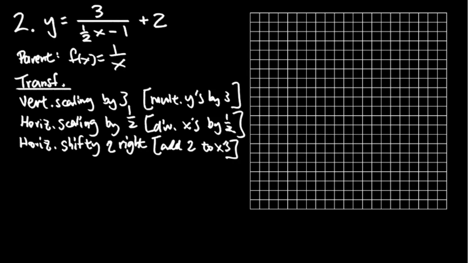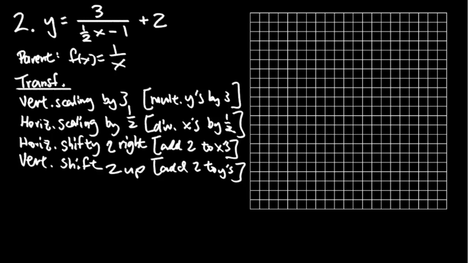And over here, you add 2. Okay, so that's going to be a vertical shift 2 up. So here, add the number 2 to the y's. Okay. So we can actually just graph that real fast, and that should help us with finding the rest of it as well.